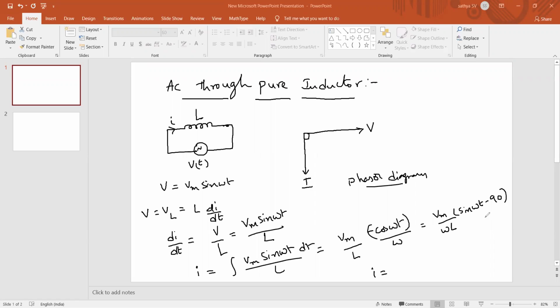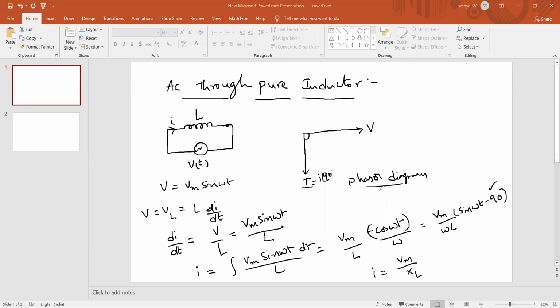So therefore, what is the value of phi now? Minus 90 degrees. Is it clear now? Yes, sir. That is the angle phi, why I should draw exactly 90 degrees for an ideal inductor. And this omega L, shall I replace it with XL, the inductive reactance?